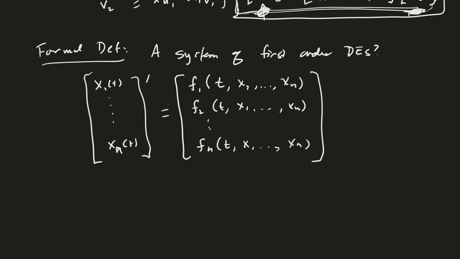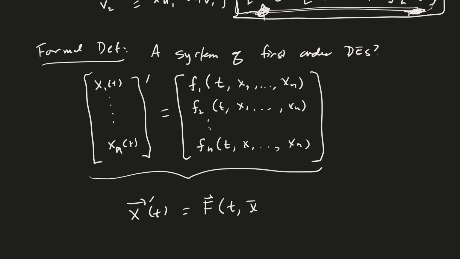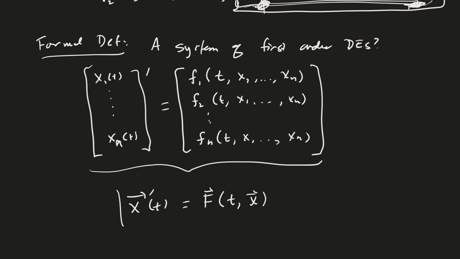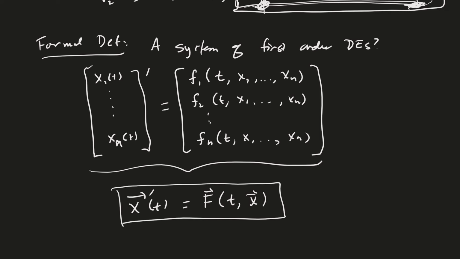Okay, so this is what a general system of first order differential equations would look like. In vector form, we would typically write that as x prime of t is equal to a capital F. Notice that's a vector valued function of t and x. Okay, and so this is our first order system of DEs.